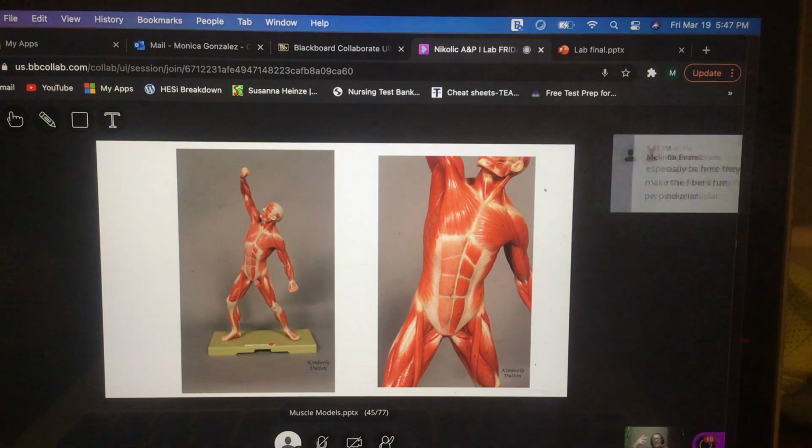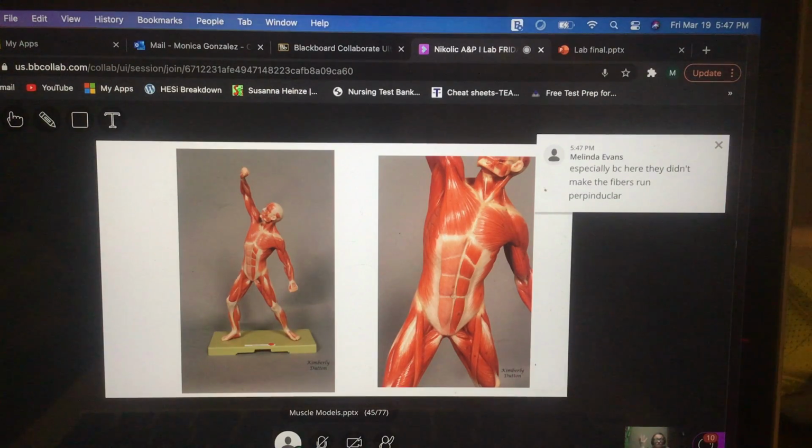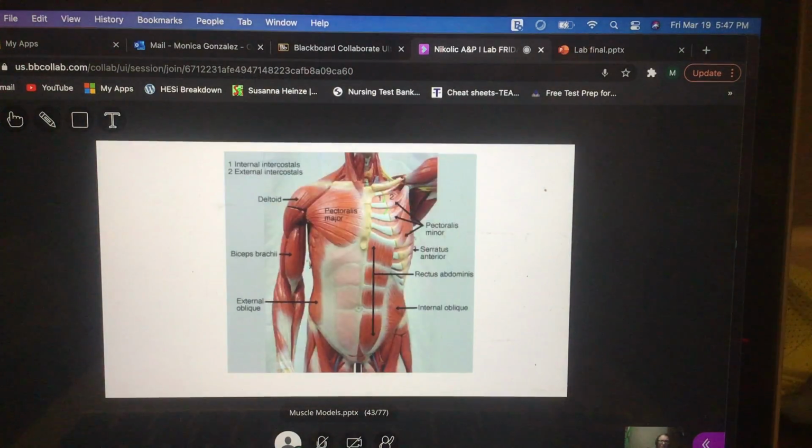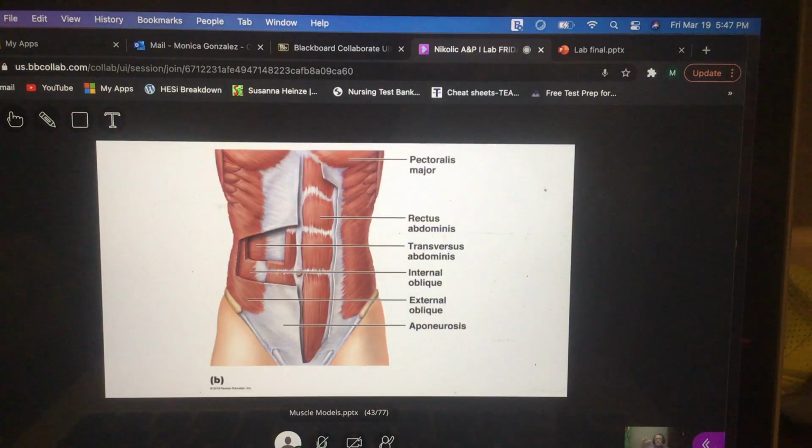And again, here you cannot see the transverse abdominis. It's just not here. What it would look like is I have to remove this layer. We'd have to remove this layer so that we can see the transverse abdominis. And here's a picture. You see that image, guys?